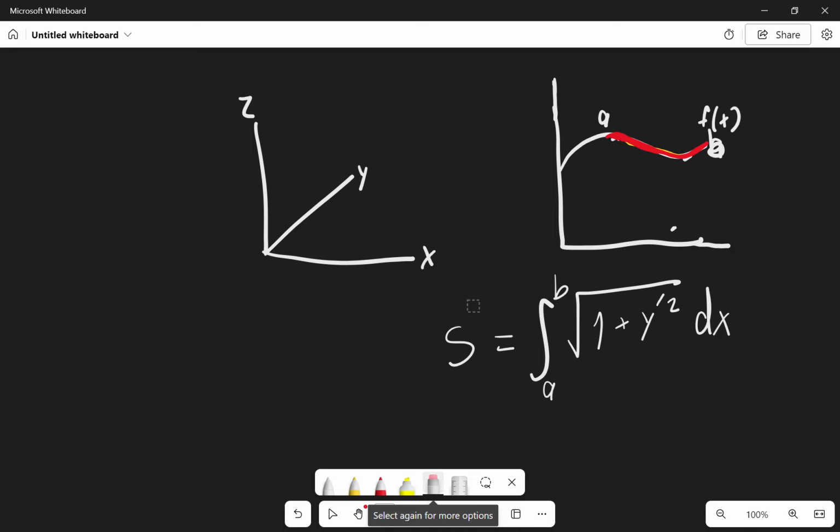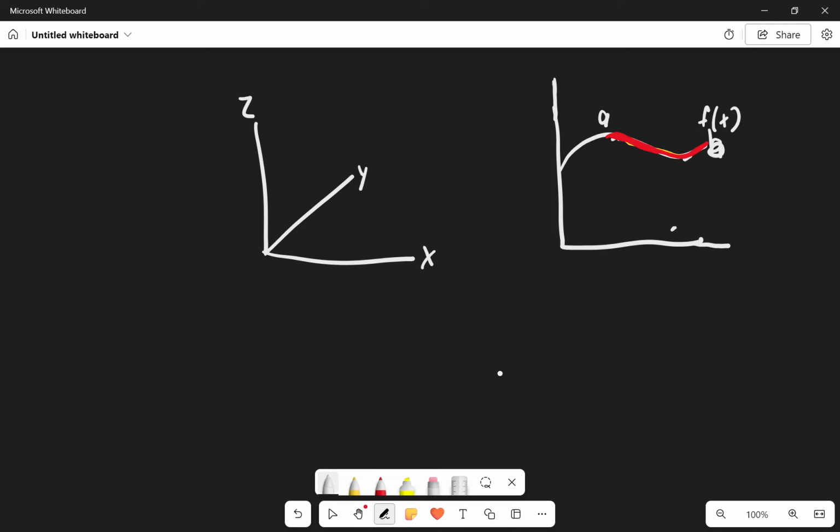Today I'm going to explain that in scalar fields, the line integral basically tells us the area under a line that is given by a certain parameterization.